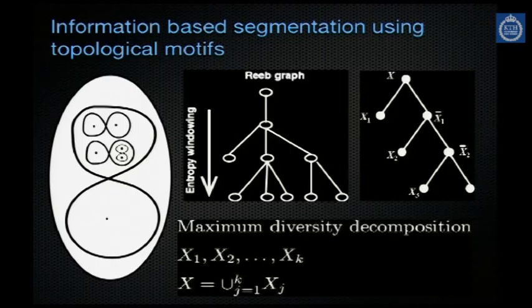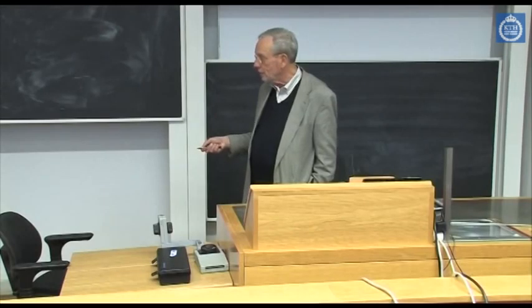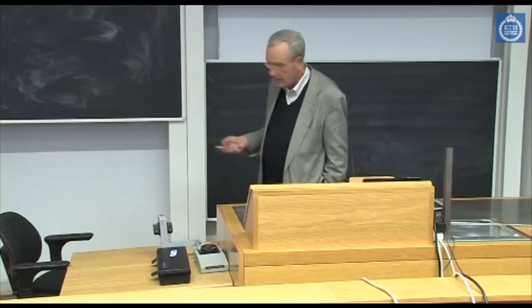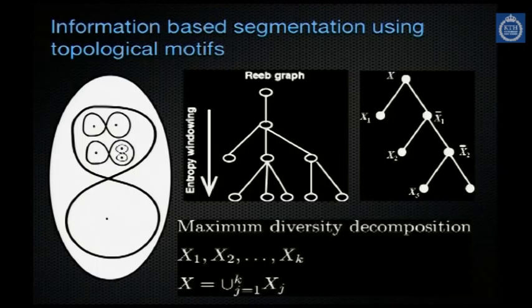And in this way, I get a set of subdomains of decreasing utility such that they exhaust the entire domain that I started with, and such that if the index is less, then the information utility on that particular subdomain is higher.